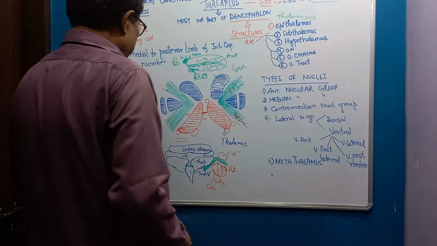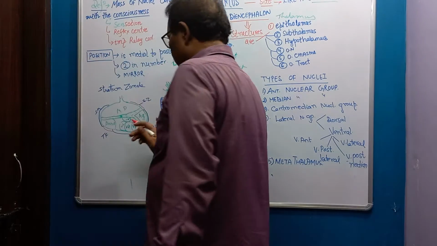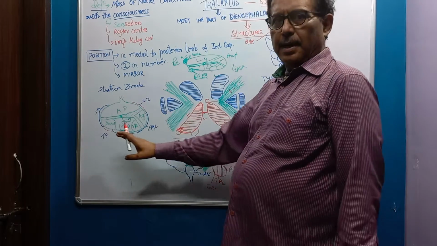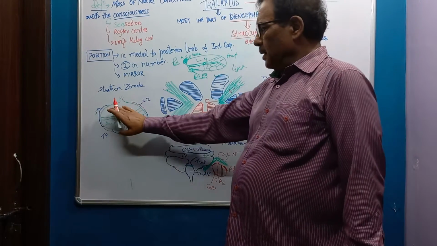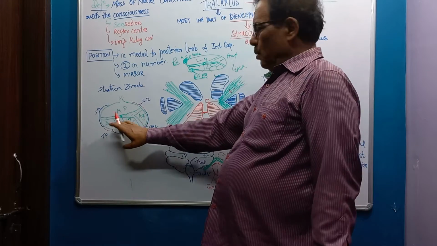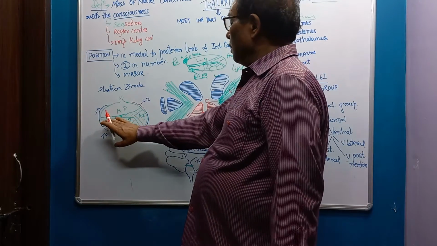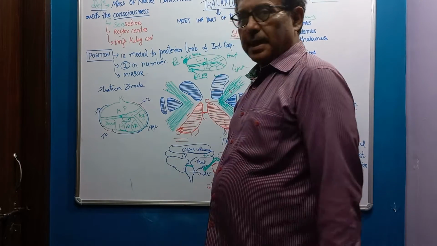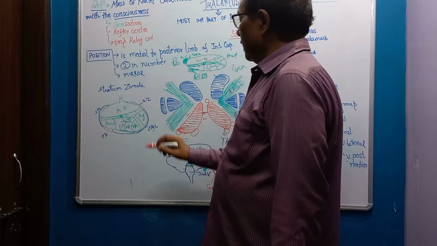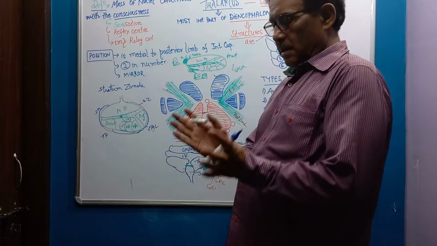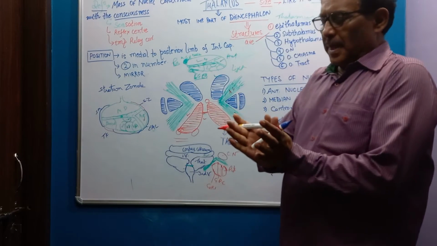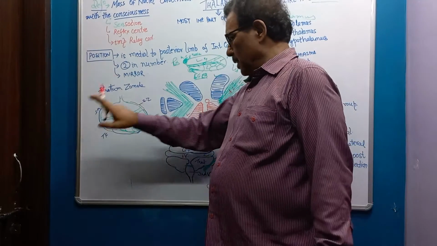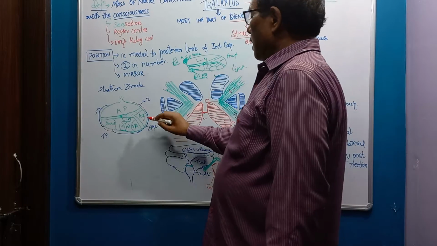Now the thalamus is divided by the internal medullary lamina into two unequal parts, and this is a Y-shaped structure. This is the anterior end, this is the posterior end, and this is the anterior group of nuclei.